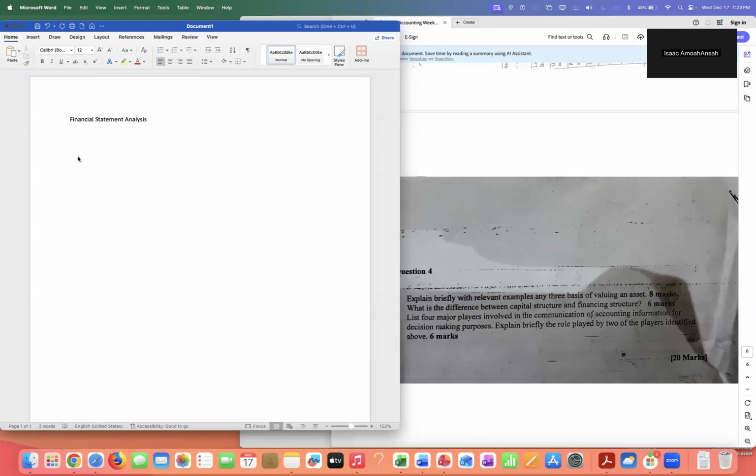Then we have financial intermediaries, or what we refer to as information analysts or financial analysts. Right. So for a financial intermediary or financial analyst, their role will be to analyze financial statements and then provide advice and interpretation on the financials.